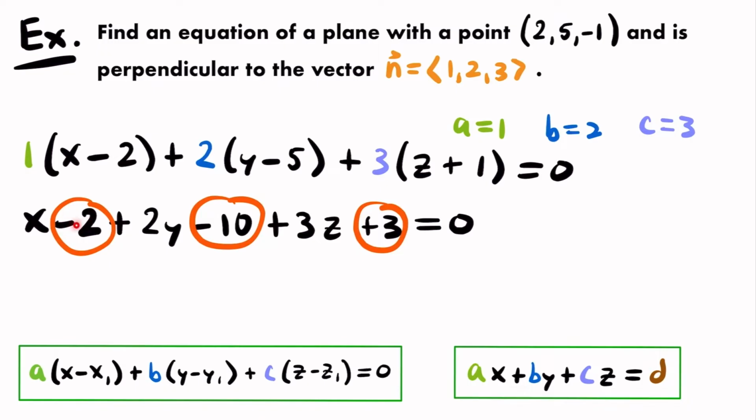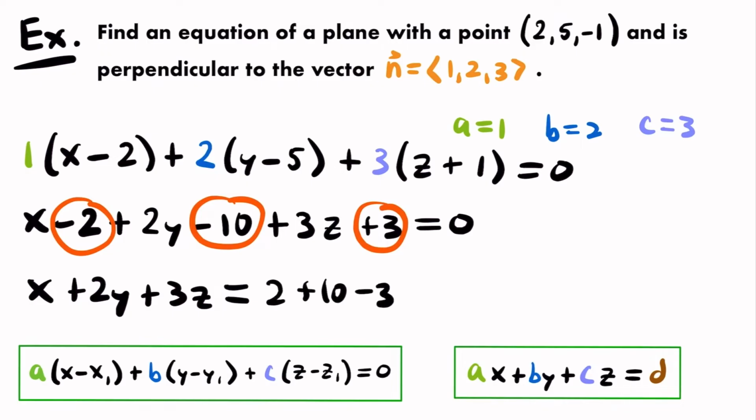We're going to be adding 2 to both sides, adding 10 to both sides, and subtracting 3 from both sides. And so if we do that, we will be left with x plus 2y plus 3z is equal to 2 plus 10 minus 3. All right, now if we simplify this, 2 plus 10 is 12, minus 3 is 9, and so this will just become 9.